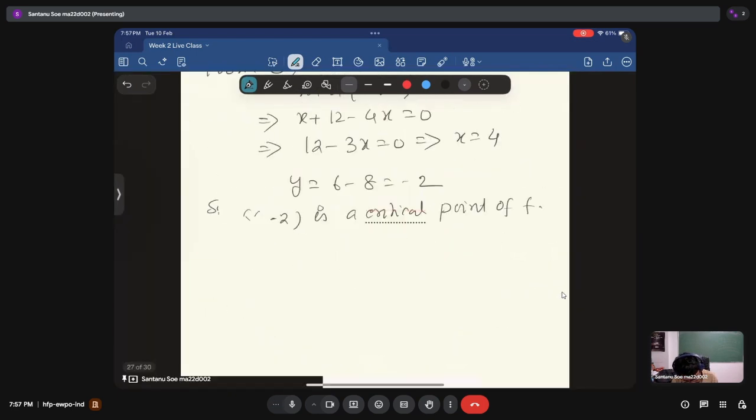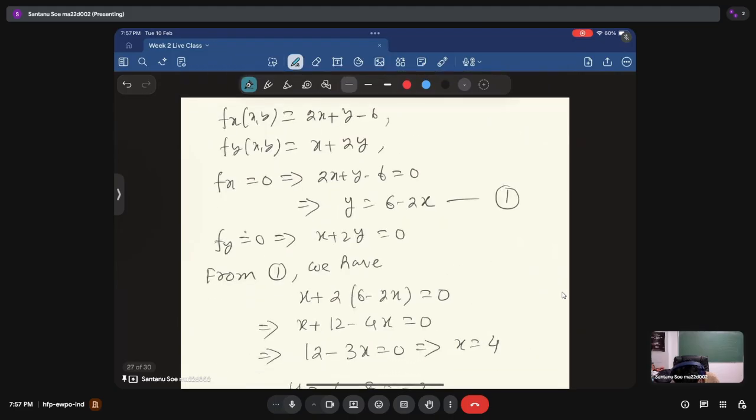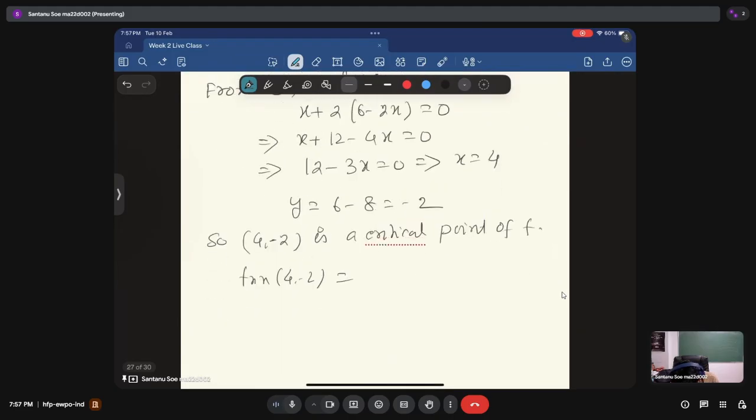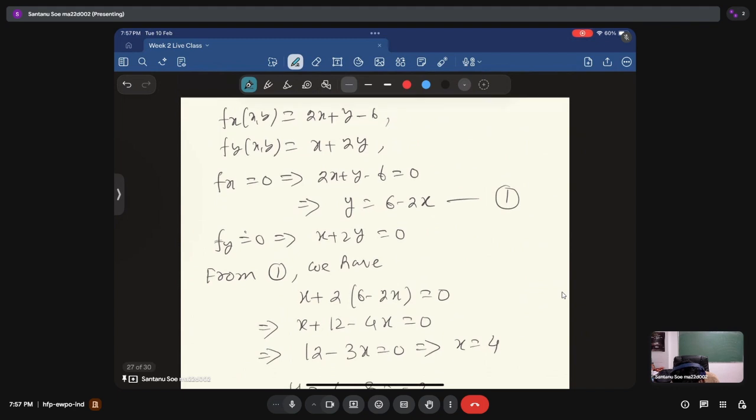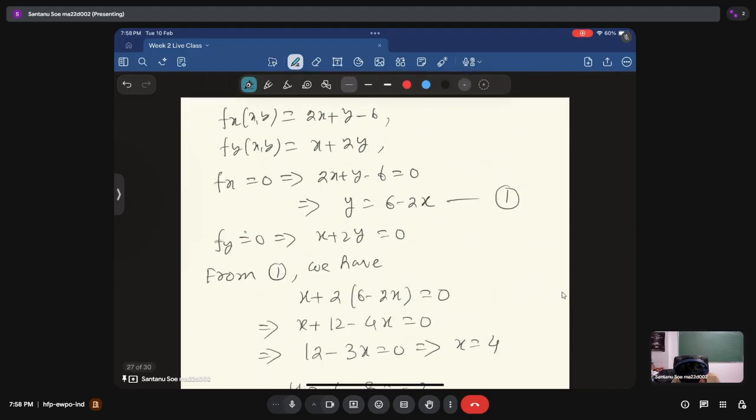So now at this point, we have to calculate whether this is a point of local maxima or a point of local minima. f_xx at (4, -2) will be 2, right? Because f_xx will be 2. Similarly, f_yy at (4, -2) will also be 2. And f_xy at (4, -2) will be 1.